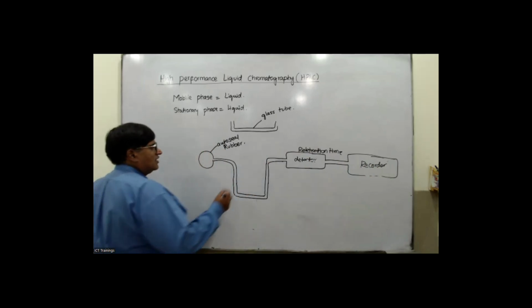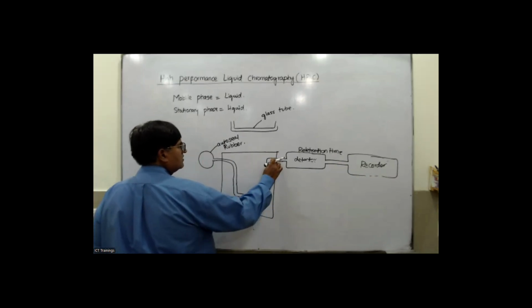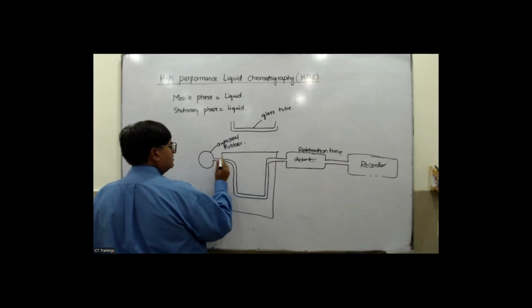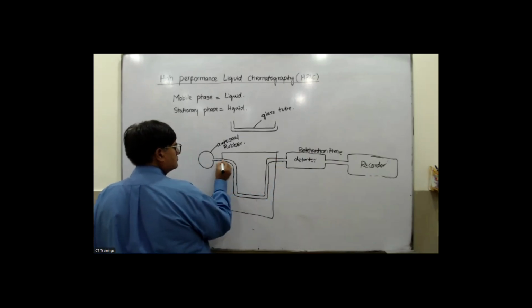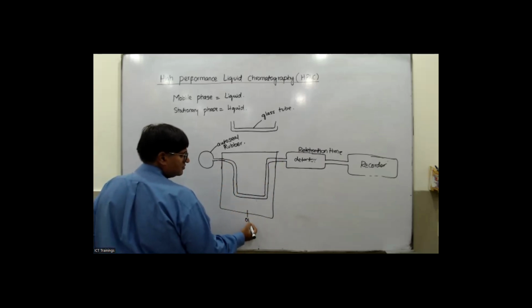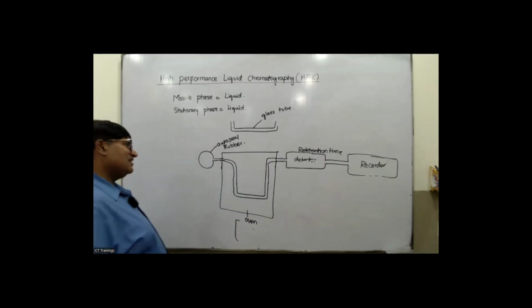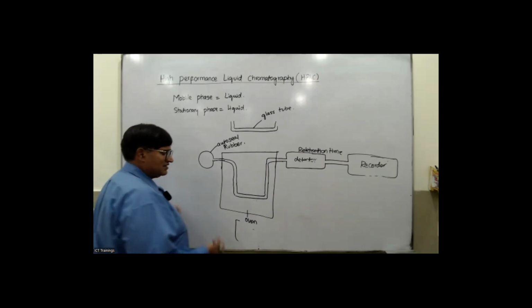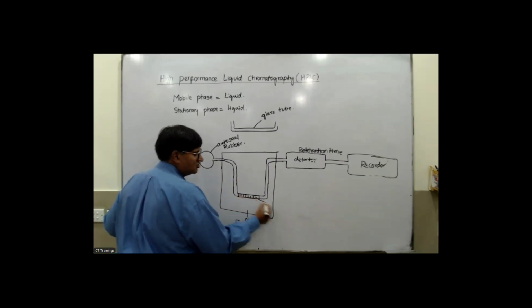Okay. This whole thing should be put into an oven. So this is the oven. And the same thing, the temperature of the oven should be maintained at which any liquid from outside entering would vaporize. Okay. So up here we got again a non-volatile liquid which is a stationary phase.